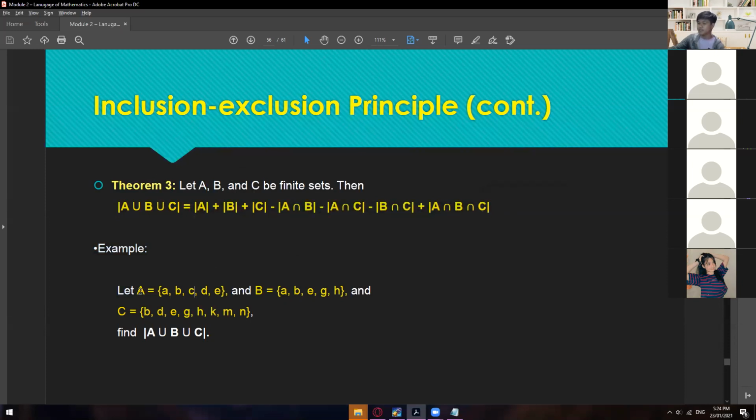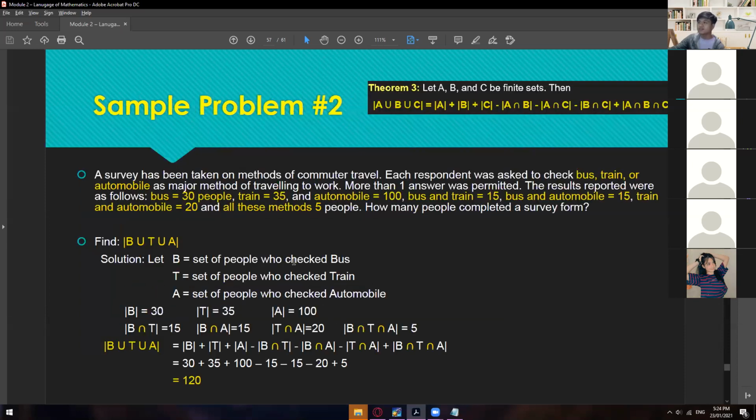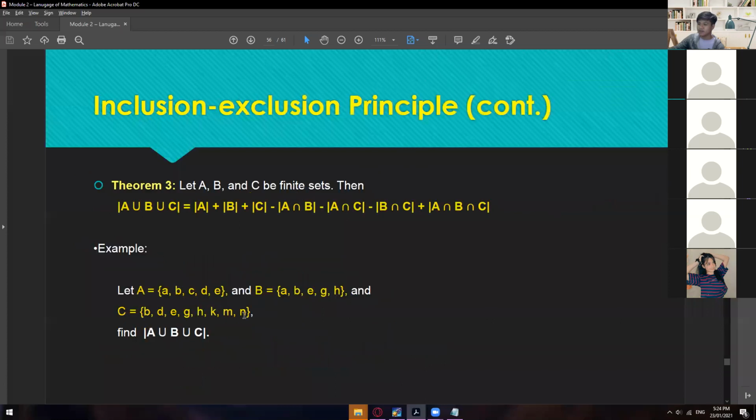We have here the example, A, B, and C. Find A union B union C. A, B, C, D, E, was it able to answer? There is also no answer for this one. Anyway, just by simply following this one, you will be able to get the total count of distinct elements.